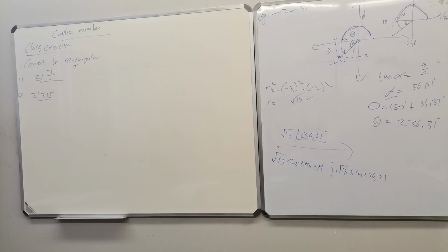So it'll be 3 cos of pi over 4 plus 3 sine of pi over 4, the cos of the angle. Then you have to work it out to go back to the other form.